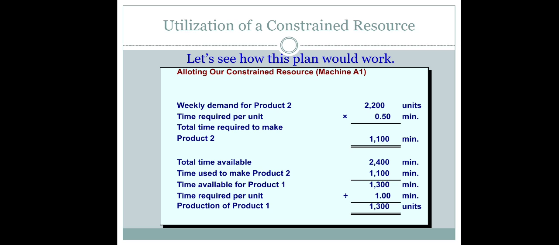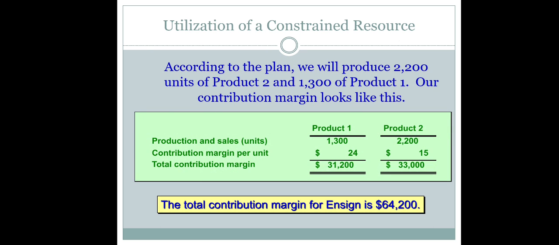This is the explanation. According to the plan, we will produce 2200 units of product 2 and 1300 units of product 1. Our contribution margin will look like this. The contribution margin for product 1 is 1300 units times $24, so the total is $31,200.